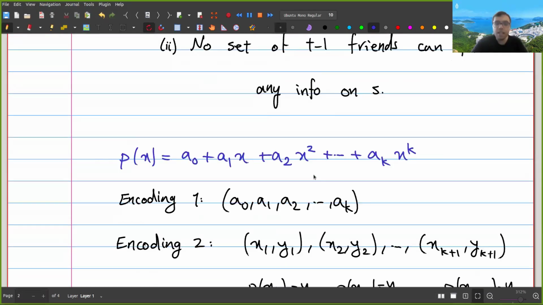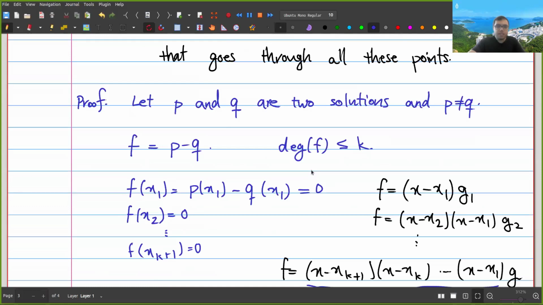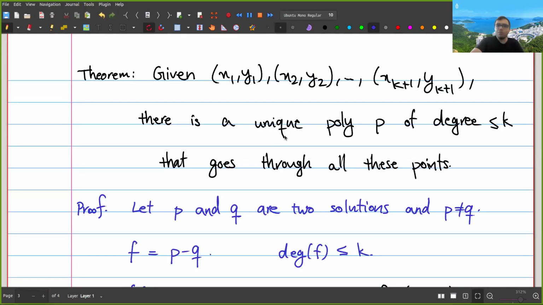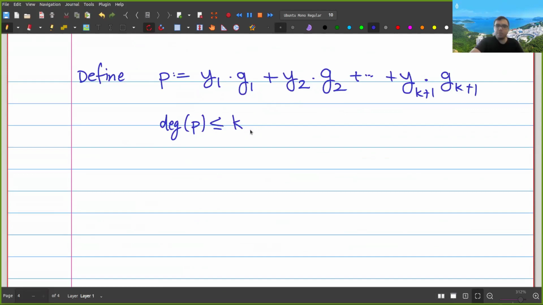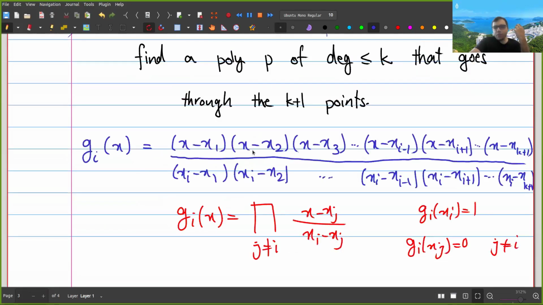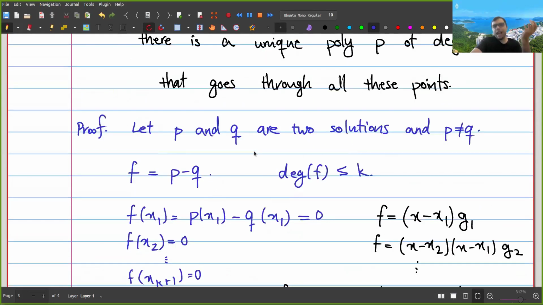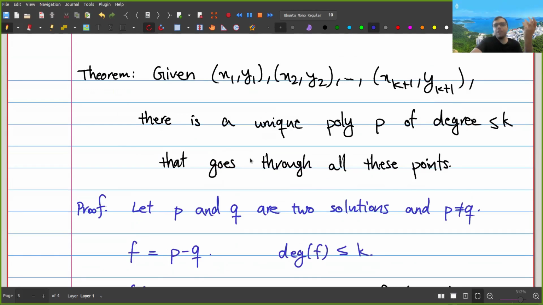Okay. Now, when I was proving this, I was assuming that my numbers are real numbers. But calculations with real numbers are hard. And we prefer to do calculations modulo some prime number and use integers and so on. All of this works in those cases as well, as long as I have an underlying field.